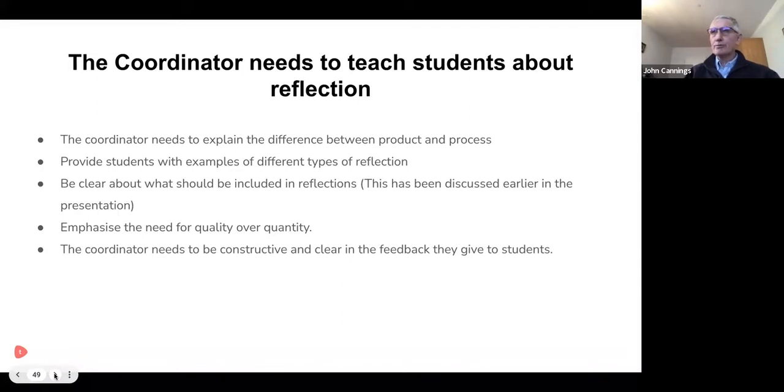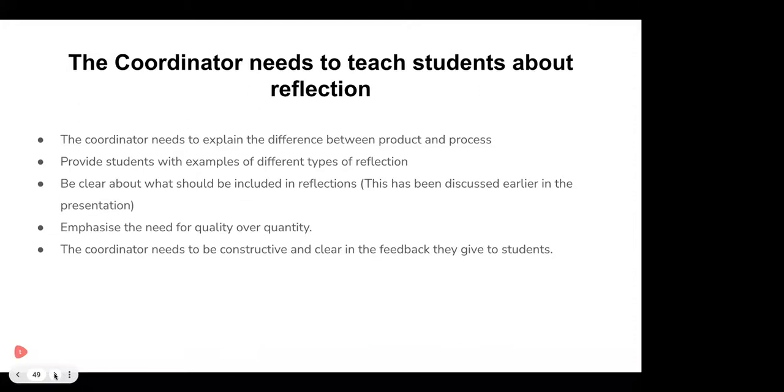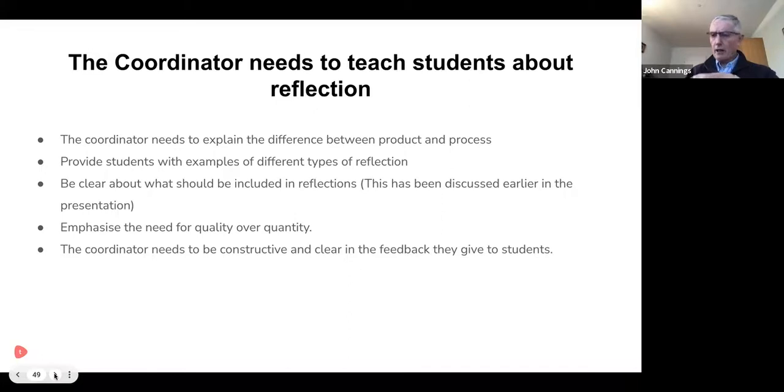And that's very much the process of reflection. However, unfortunately, many teachers and a lot of students, as soon as they hear the word reflection, just see a product. How much have I got to write? Can I provide a worksheet for it?